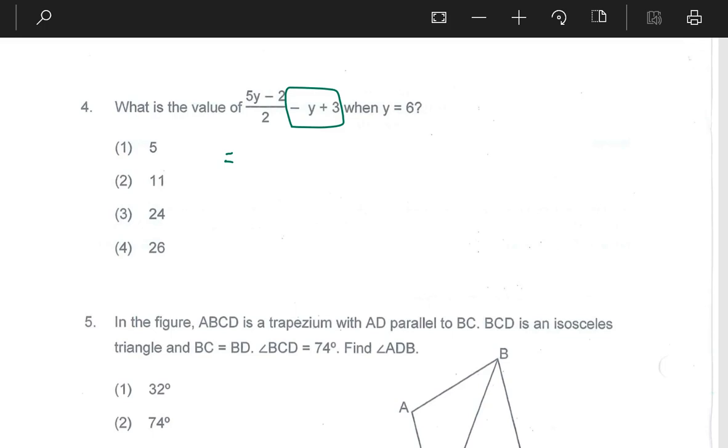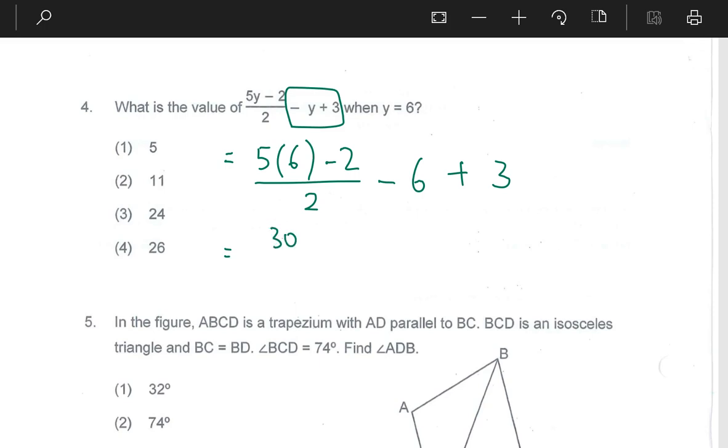They calculated 5y minus 2 over 2, but they forgot about the back part when they did the calculation separately. So how can you prevent this from happening? Write out the whole equation. 5y is the same as 5 times 6, minus 2 over 2, minus y means minus 6, plus 3. When you write out the entire equation, there's no way you will miss any part of it.